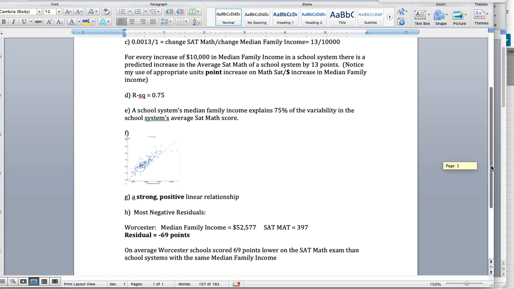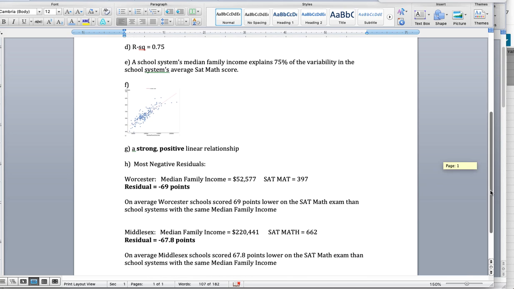The next question has to do with the residuals. Now, I could have asked you about positive residuals, but I think on the assignment I asked you about negative residuals. So let's talk about negative residuals, but the idea would be the same if I had asked for positive residuals.